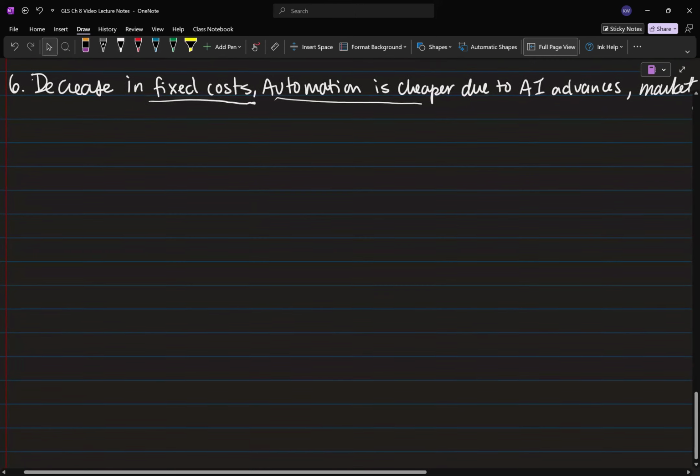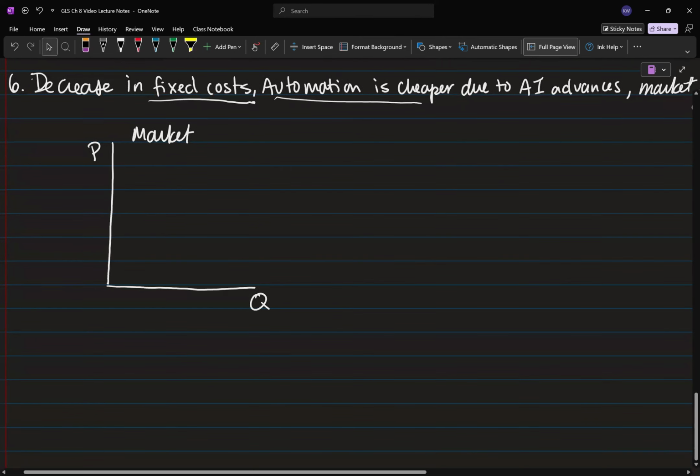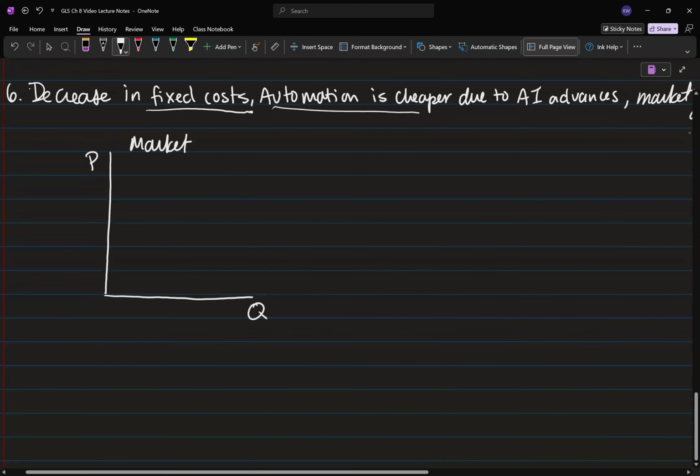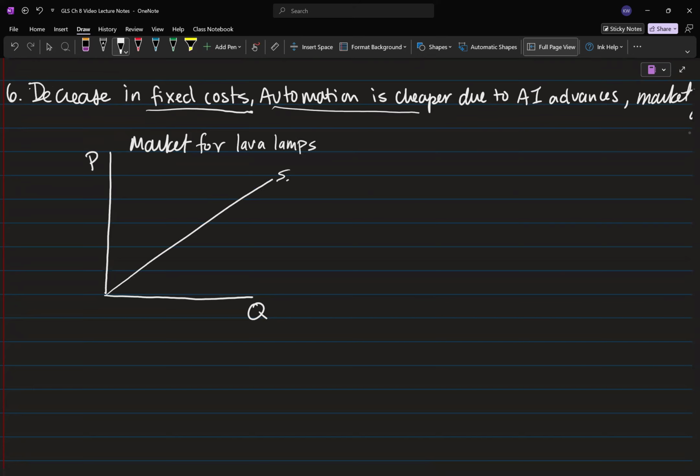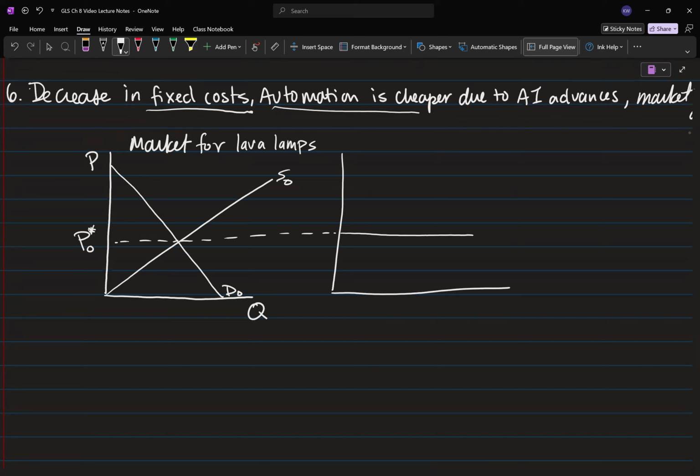Okay. So we're going to start this analysis just like we have all the rest, by drawing our market for lava lamps in long run equilibrium, with the assumption that it is a perfectly competitive market and that all of the firms have the same cost curves. We'll have our market supply and market demand. Their intersection is going to define the market price, which sets the level of our firm's demand curve.